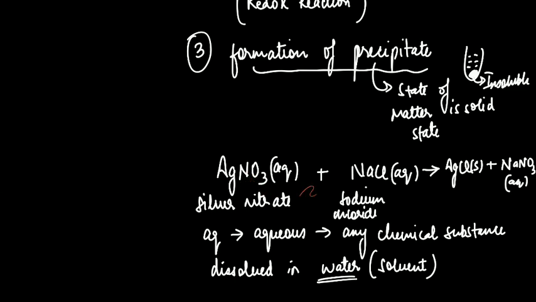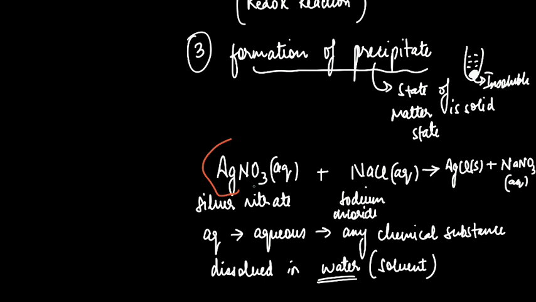So, how to make this equation? It's a type of precipitation reaction. It's a type of double displacement reaction. All these we'll be discussing in the next lecture. So, how to make this reaction? Ag is a cation. How do I know? Because in the chemical formula, Ag is written on the left hand side, whereas nitrate is a radical, an anion, negatively charged.